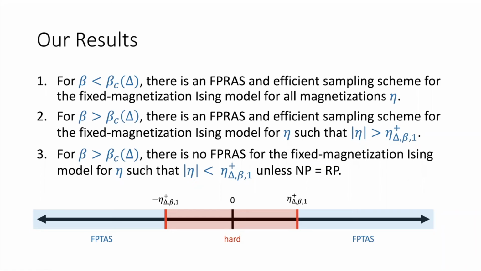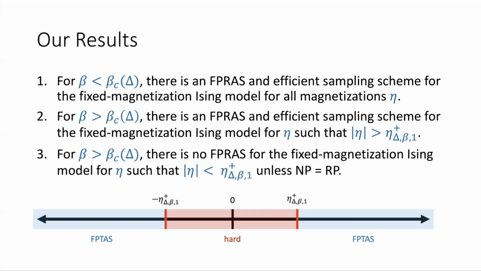Beta C here, beta critical, represents for delta the critical inverse temperature for the delta-regular infinite tree, which I previously discussed, and again has to do with how the temperature parameter can dictate the behavior between vertices. For beta less than that, there is an FPRAS and an efficient sampling scheme for all magnetizations.